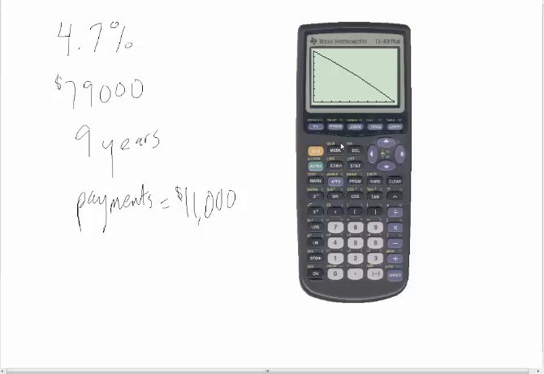It goes down, down, down, down, down. But the thing for you is you can see second function table, and here's what your loan looks like. After no years, your balance is 79,000. After 1 year, so you pay 11,000 and you pay some interest, you're down to this.